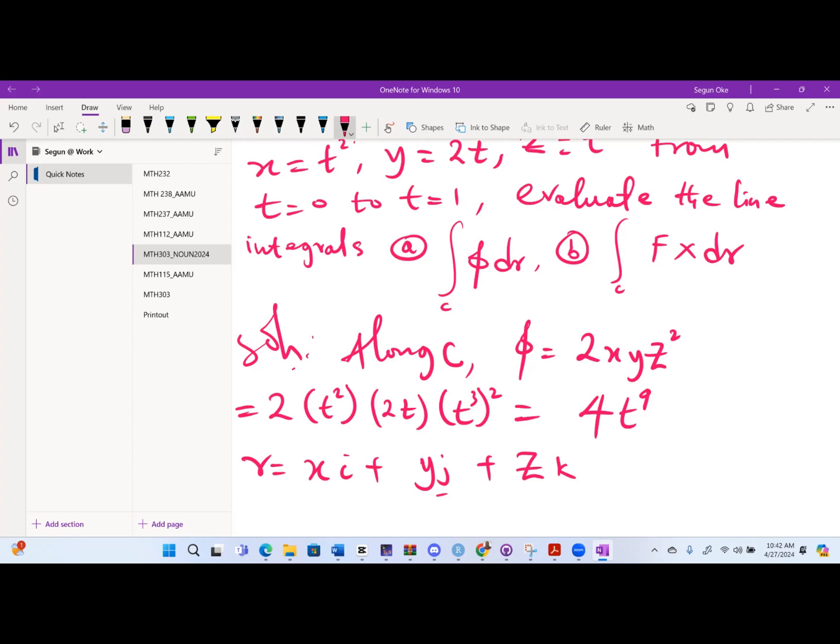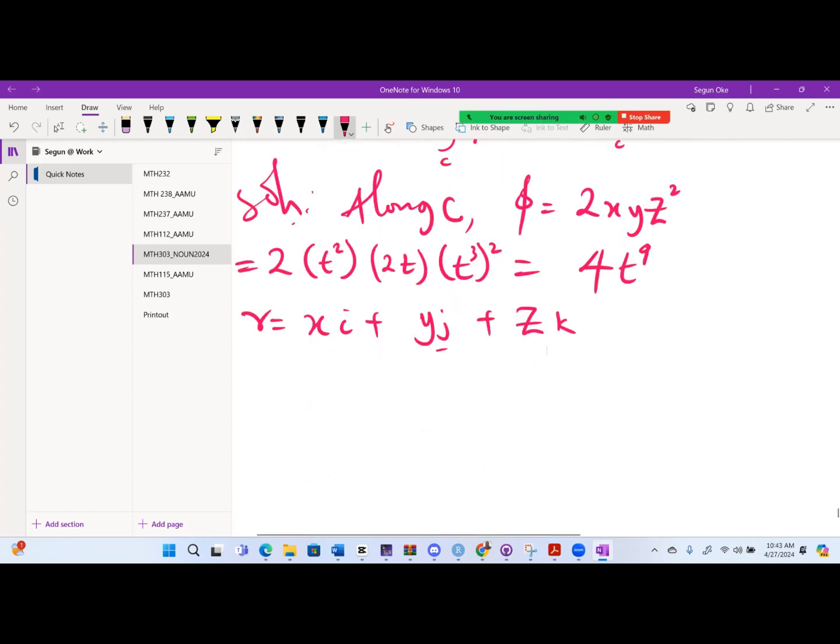Then it can guide you. So in this case, if I have my x to be this, my y to be this, I know them. You were given all this. Substitute. What do you have now? It will be t squared i plus 2tj plus t cubed k.